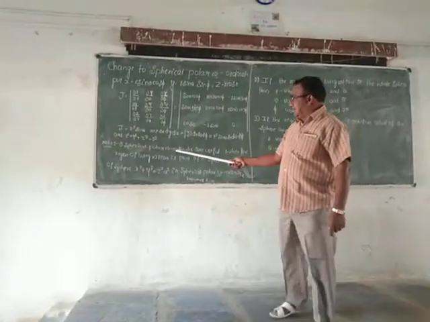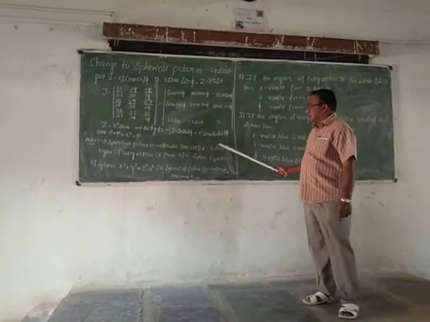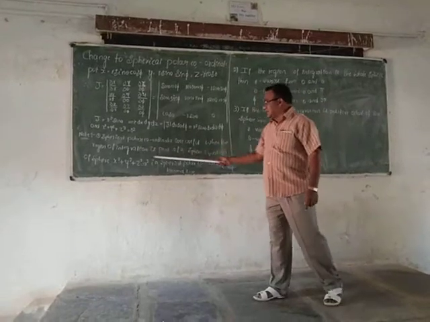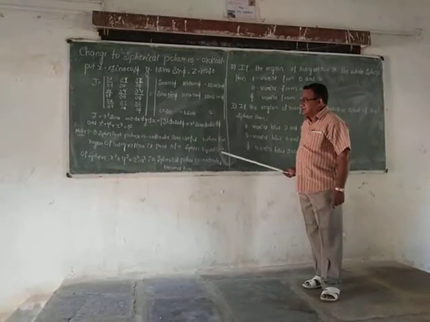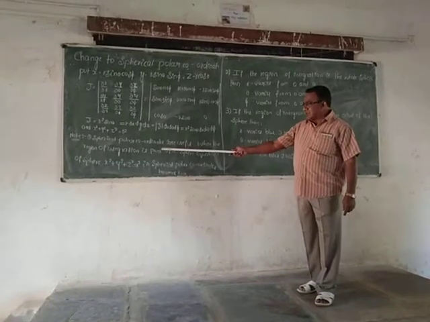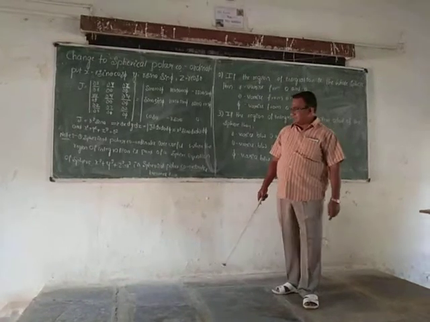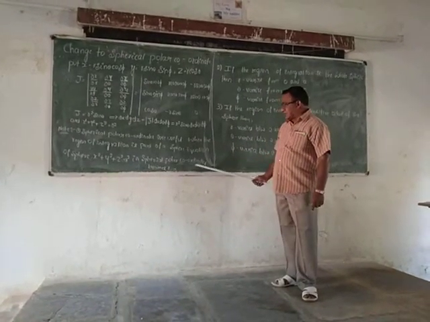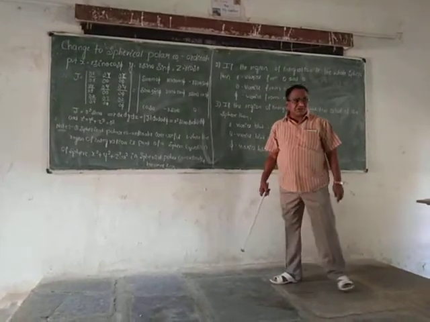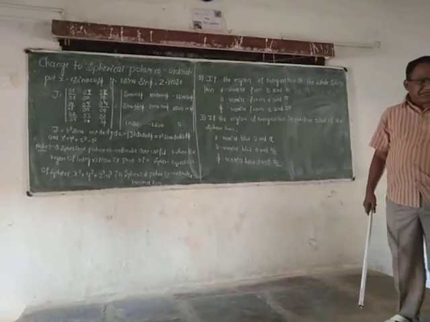Likewise, spherical polar coordinates are useful when the region of integration is part of a sphere. And remember, the equation of a sphere is x squared plus y squared plus z squared is equal to a squared. In spherical polar coordinates, it becomes r is equal to a. I mean, the radius of the sphere is a.